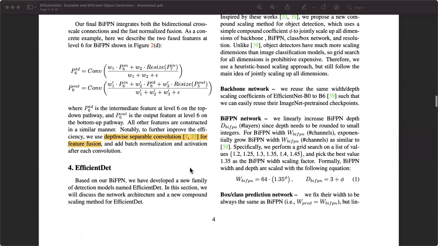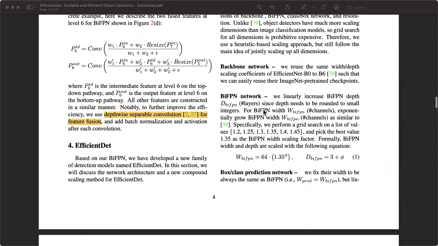The way they do that, they use the BiFPN as the backbone, and then they scale mainly in terms of width, which is actually the number of channels, and depth, which means the number of layers.